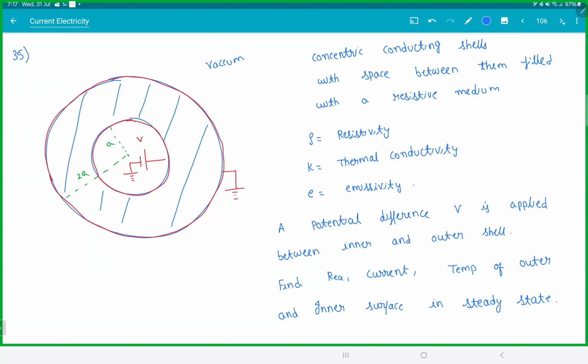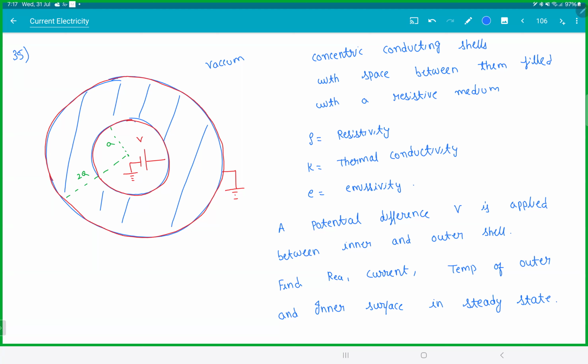The resistance will be rho L by area. Length is dx, and area is 4 pi x square. So R equivalent will be rho by 4 pi integral a to 2a dx by x square. That would be rho by 8 pi a.